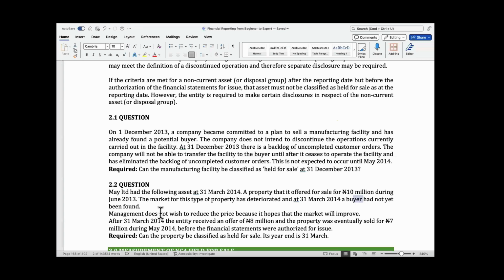Management is not ready to reduce the price because they believe the market will improve. As at the year end, which is March, they received an offer of 8 million. They did not accept it, because they sold the property for 7 million in May, after the year end, before the financial statements were authorized for issue. So, as at March, can we classify this property as held for sale?